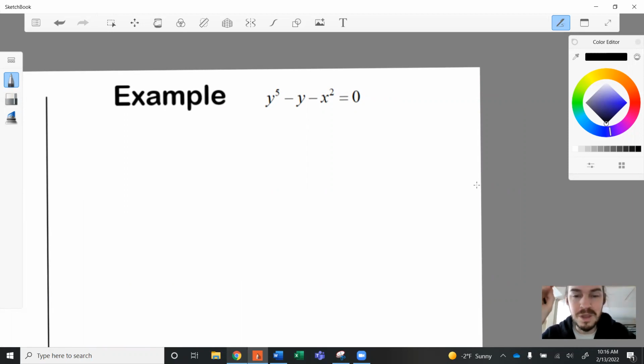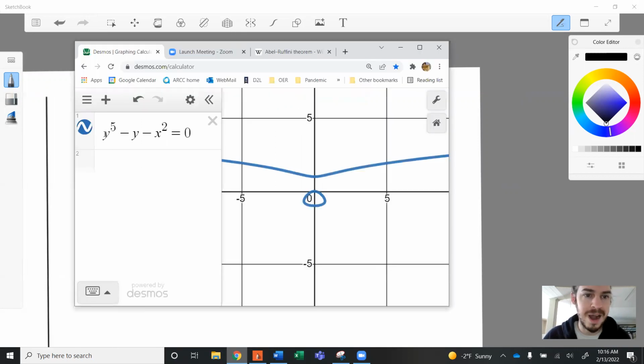So this is an example where this is still a perfectly valid function or equation, and we can even look at the graph of it. Here, I'll get the graph up, show you. It's an interesting looking graph, actually. It has 2 parts: y to the power 5 minus y minus x squared equals 0.